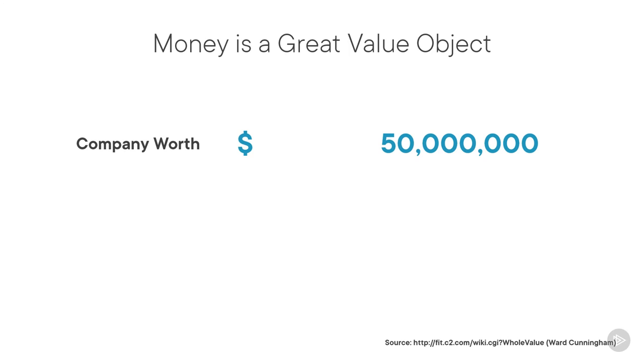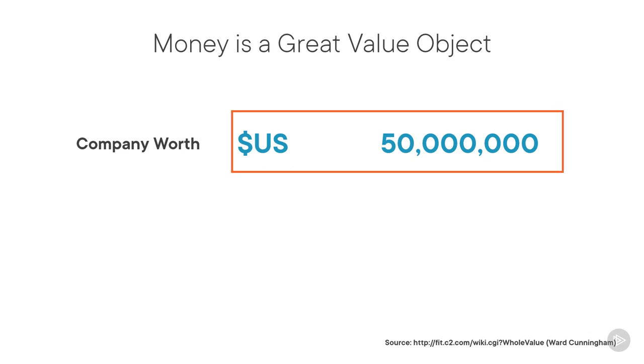It's a very specific measurement. 50 million on its own is not a measurement. It has no meaning without the unit, which in this case is dollars. But dollars alone doesn't describe worth either. In fact, dollars doesn't really help, does it? Because is it US dollars or Canadian dollars, Australian dollars? It only makes sense when you put the two together as 50 million US dollars.